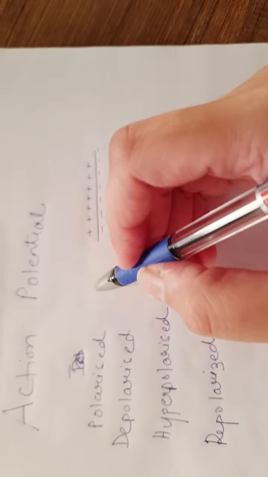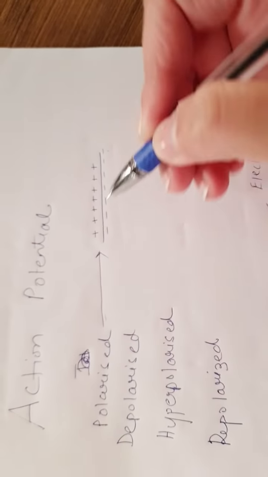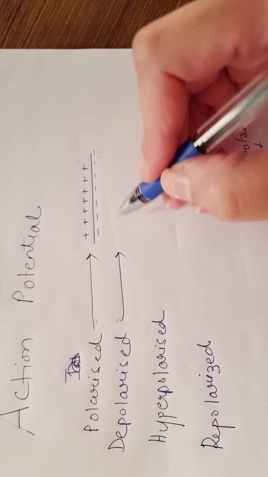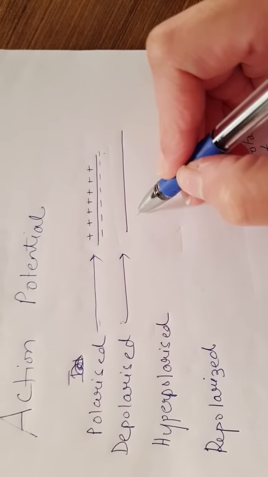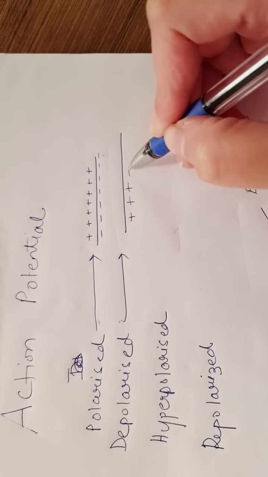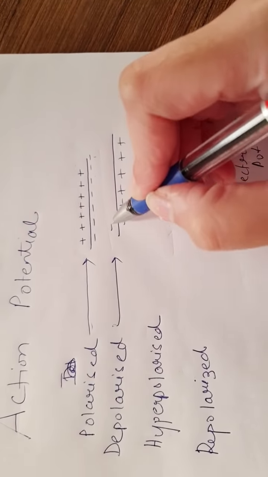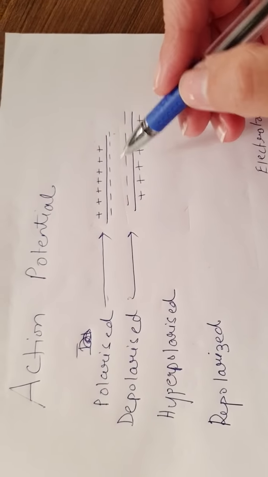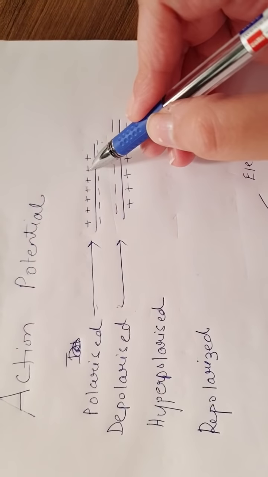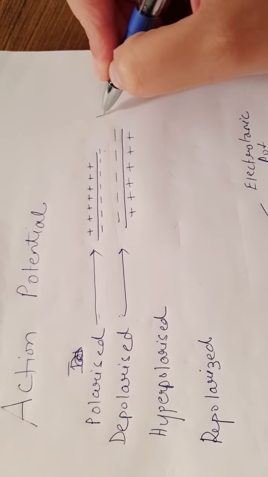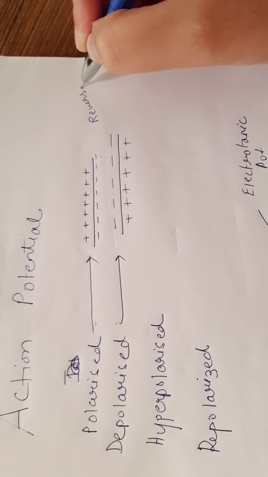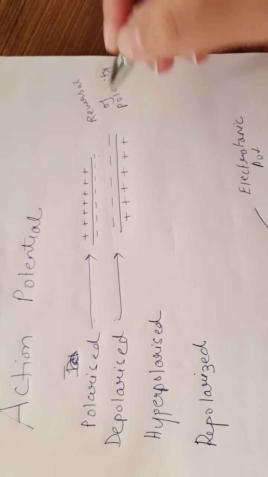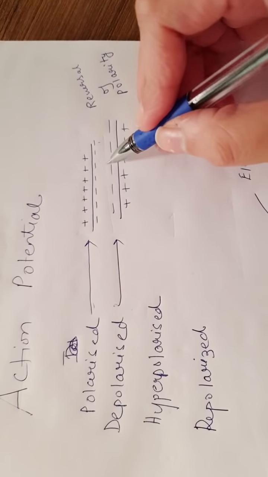This is known as the polarized cell, where the inside is negative. What is a depolarized cell? In a depolarized cell, the inside becomes positive and the outside becomes negative. So, reversal of polarity. In depolarization, there is reversal of polarity.